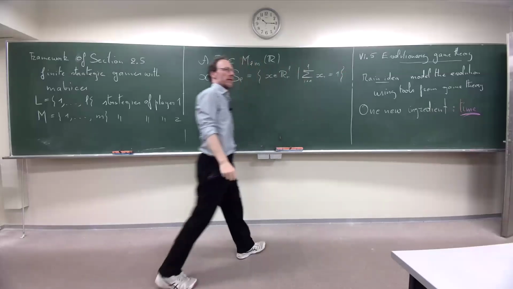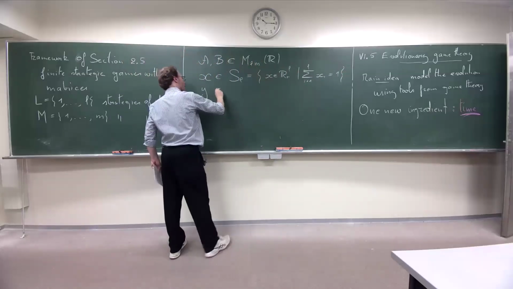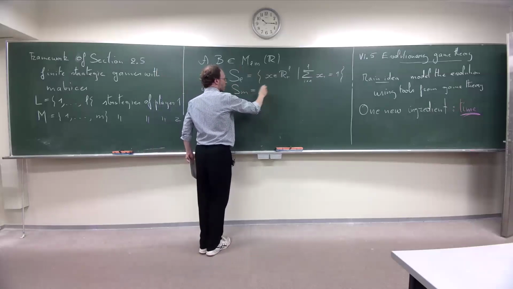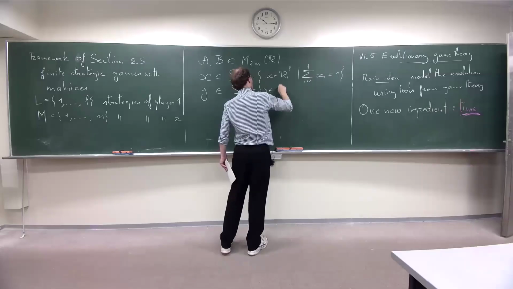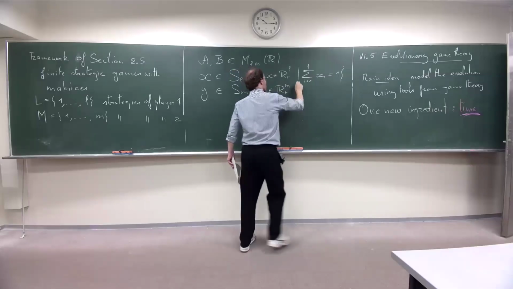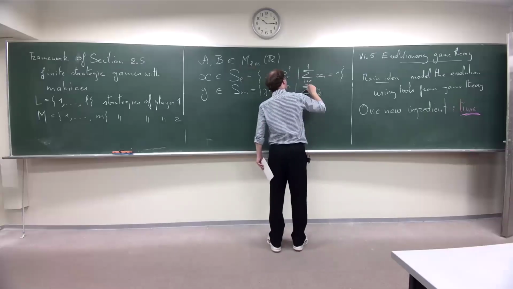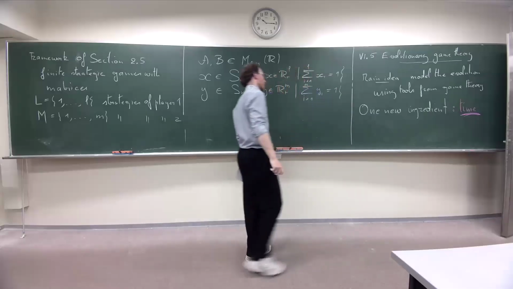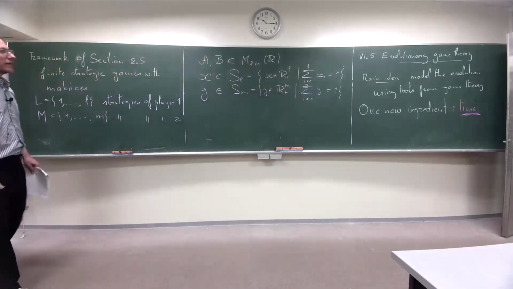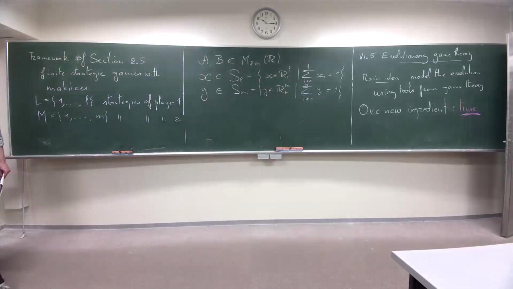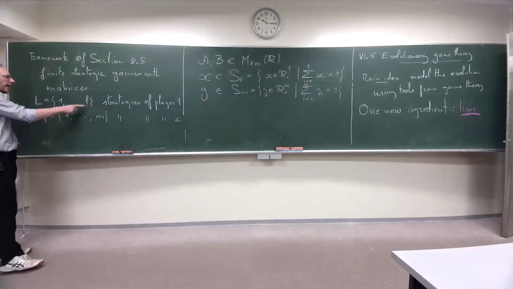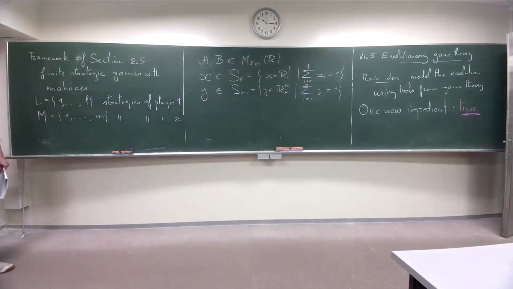And we introduce also y in S_M, y in R_+^M, so that the sum of y_i, now from 1 up to M, is equal to 1. These are mixed strategies, because we have L pure strategies, and we can take linear combinations of pure strategies, and the same for the second player.